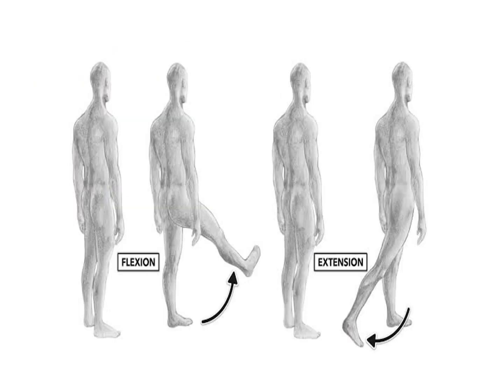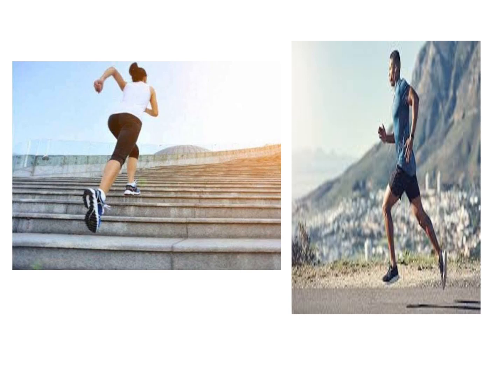So these are the origin and insertion of the muscles. Now let us see the action of these muscles. First we will discuss the action of the gluteus maximus muscle. The gluteus maximus brings about the extension of the hip joint under extremes of movement, in case of climbing stairs and running.